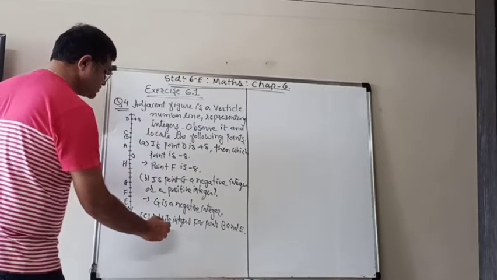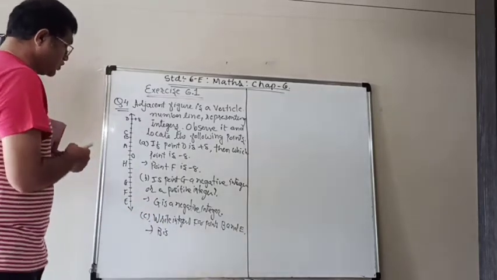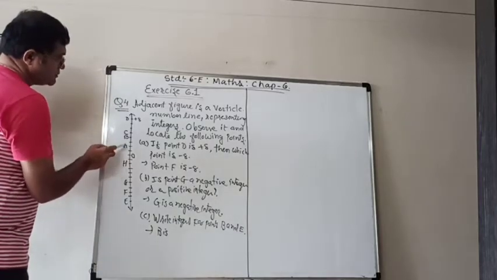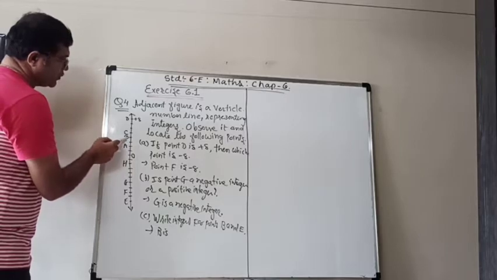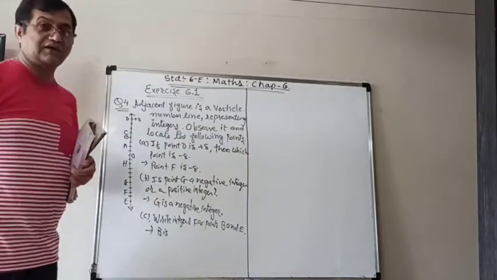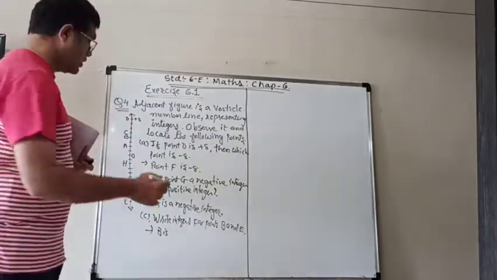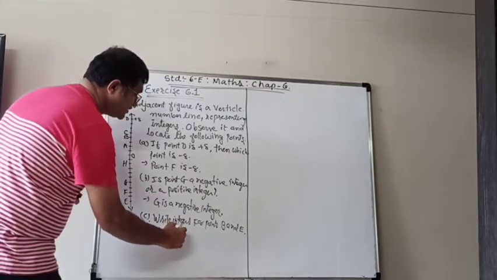So let's count from 0 to upside. B is here. So we count 1, 2, 3 and 4. It is 4 steps away on the top. So B is plus 4.